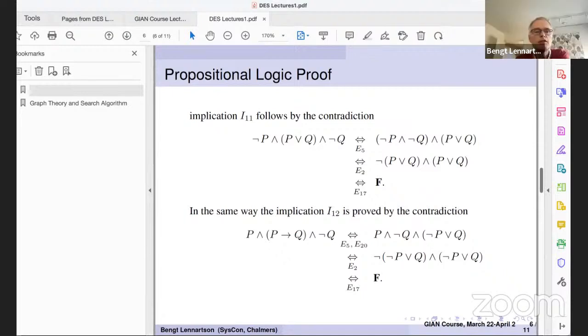So what I will do then is show you a couple of more examples of these small proofs. First, this example was more or less what I showed you earlier.